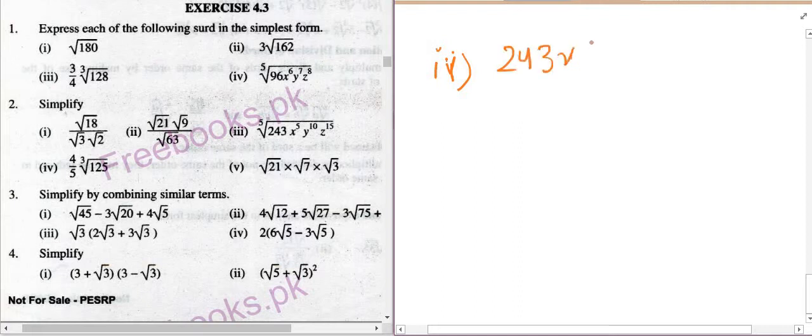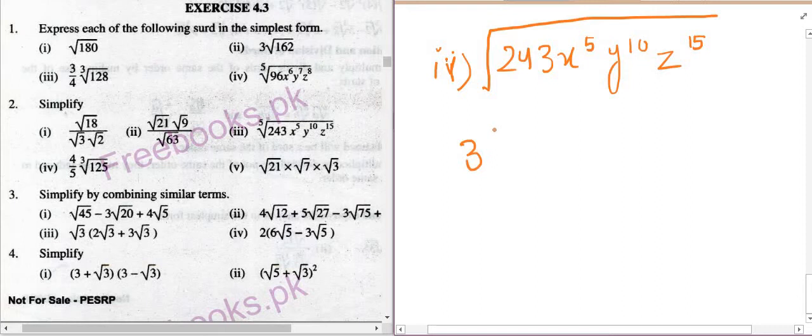Okay, third, 243 x^5 y^10 z^15. We can write it as, first find the multiples for 243. These are 3^5.